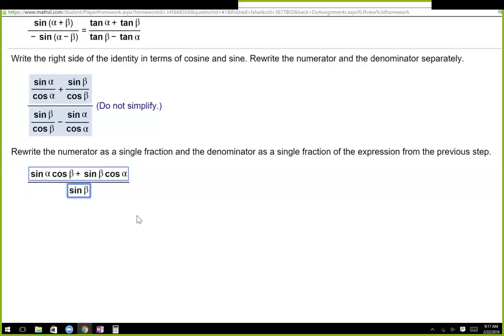On the bottom, when I multiply by cosine alpha and cosine beta, the cosine beta will go away. I'll have cosine alpha and then sine alpha. When I multiply, cosine alpha will go away. I'll have cosine beta.